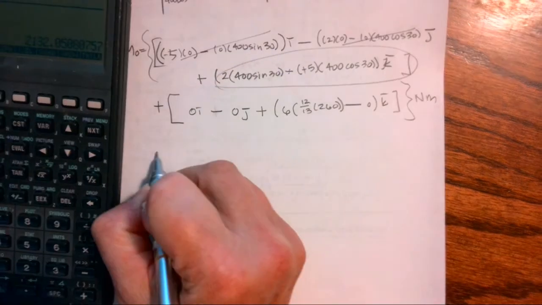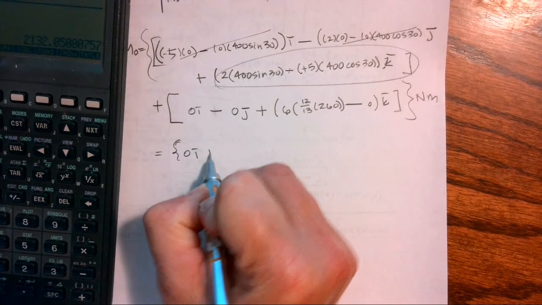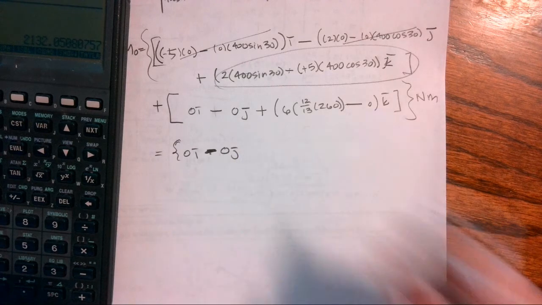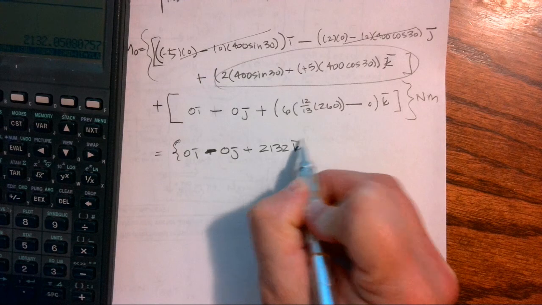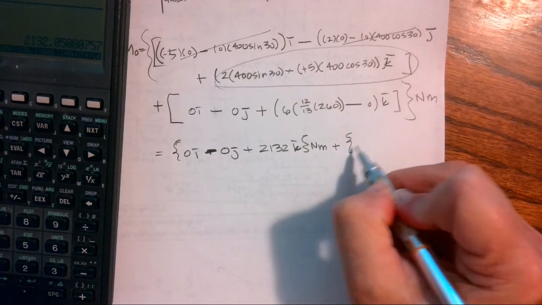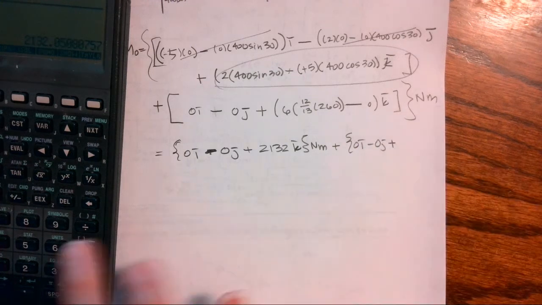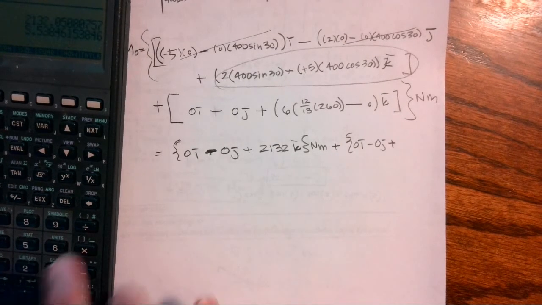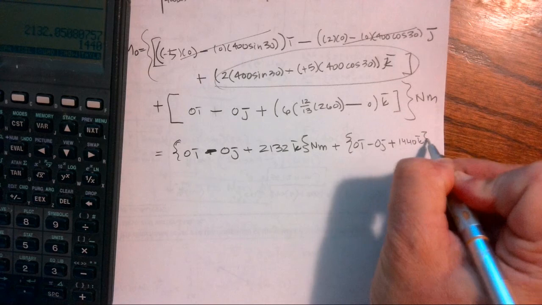So we get 0i minus 0j plus 2132 k newton meters, plus 0i minus 0j plus 12 divided by 13 times 6 times 260, which gives 1440 k newton meters.